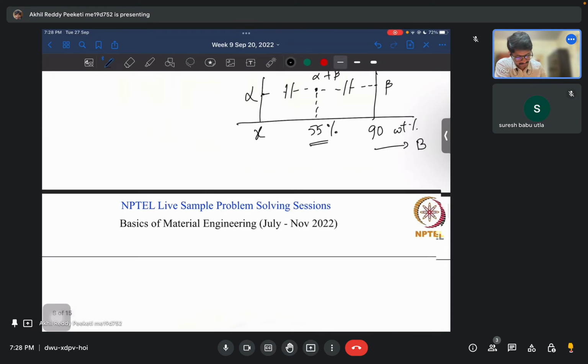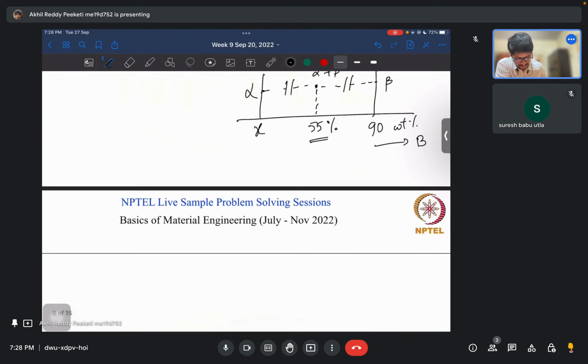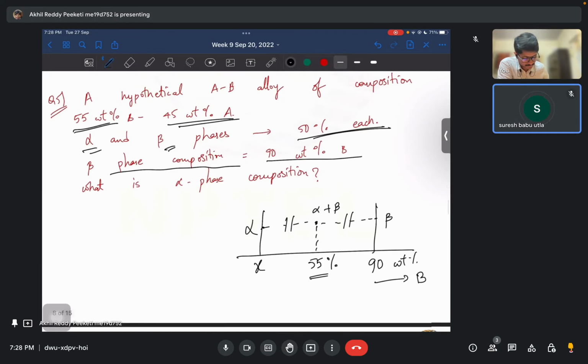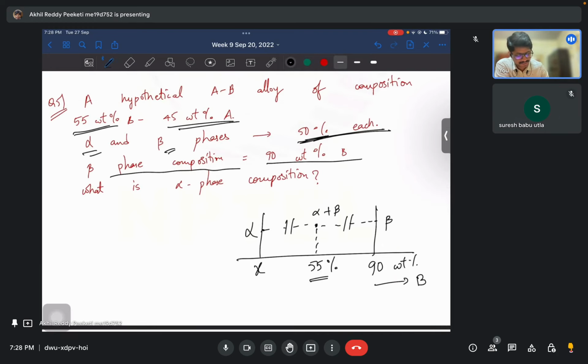For this the simple formula is, at any given point, the actual composition... here it's already given as 50%.